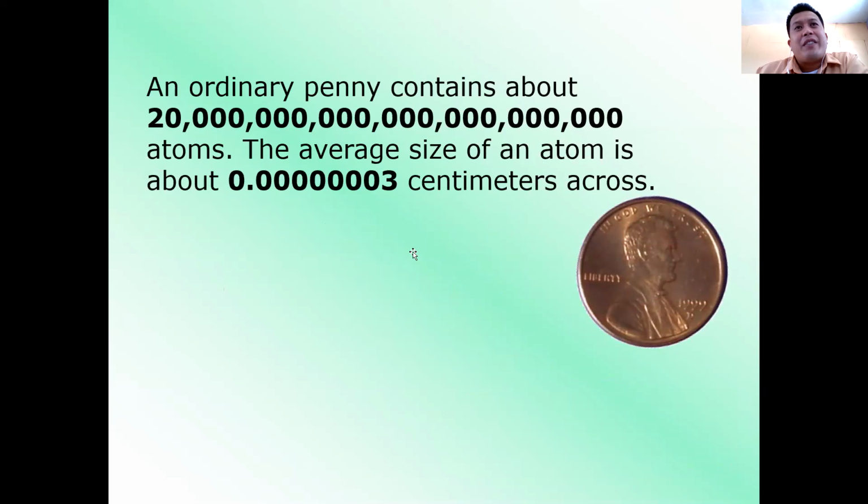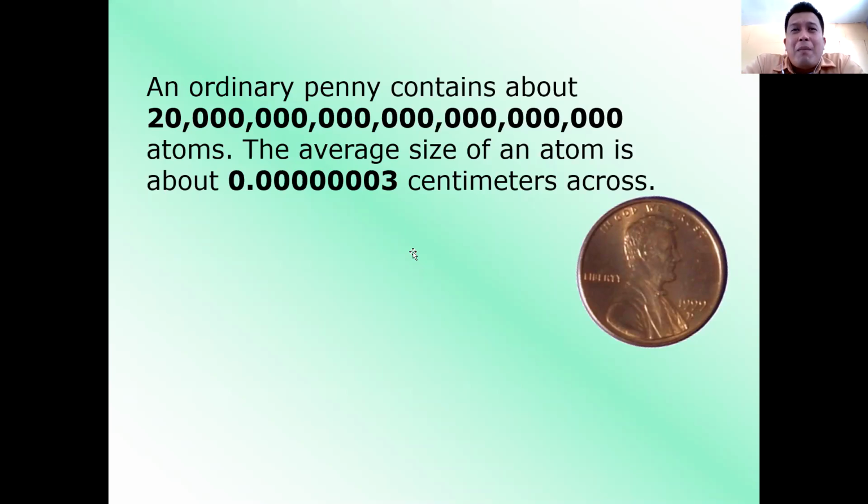And the average size of an atom is about 0.00000003 centimeters across. These numbers could probably confuse us if we write them out most of the time, especially if you're going to add values, class, like 25 sextillion, 400 quintillion, and so on and so forth, to 24 septillion and the likes.